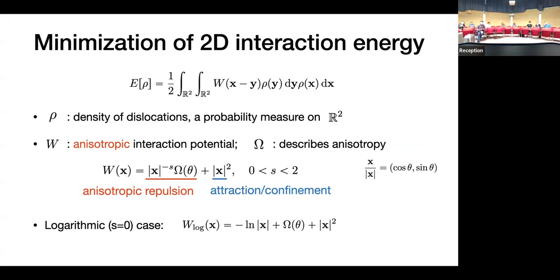So we will focus on just one special class of interaction potentials. The major part is anisotropic repulsion, which has a singular part, the modulus of x to the minus s, multiplied by another part, omega of theta, which describes the anisotropy of your interaction potential.